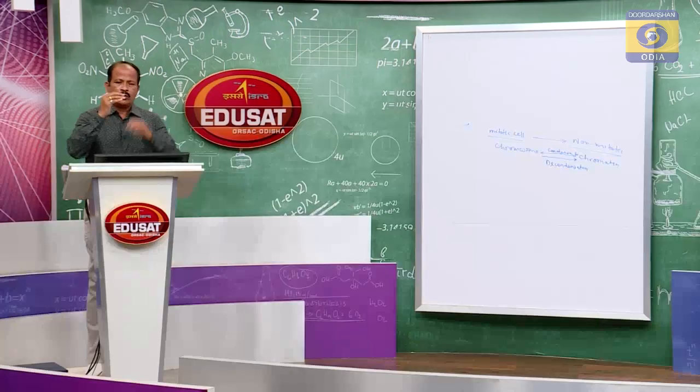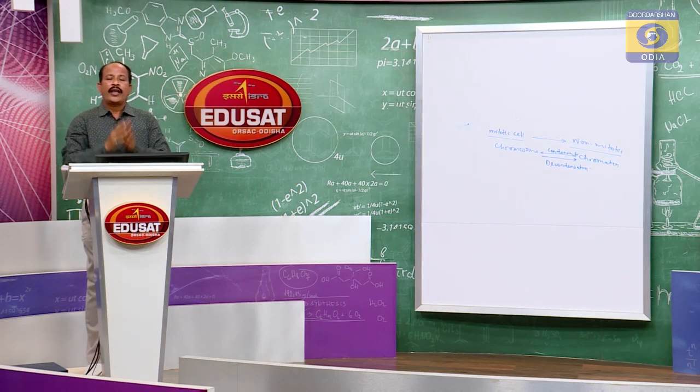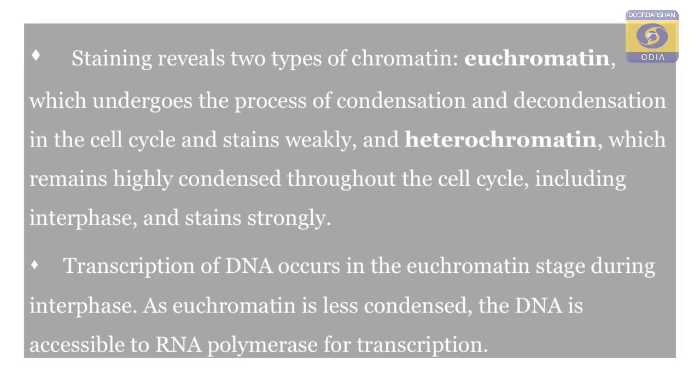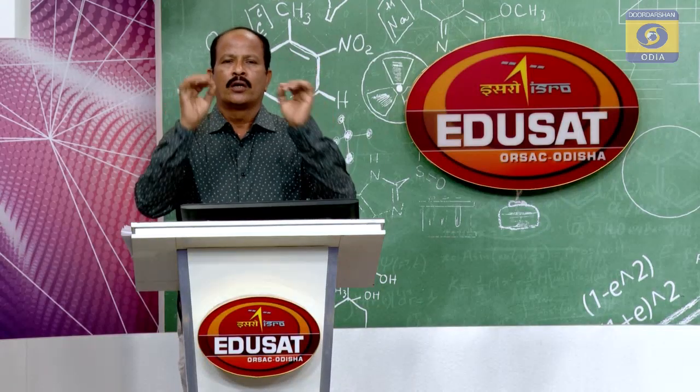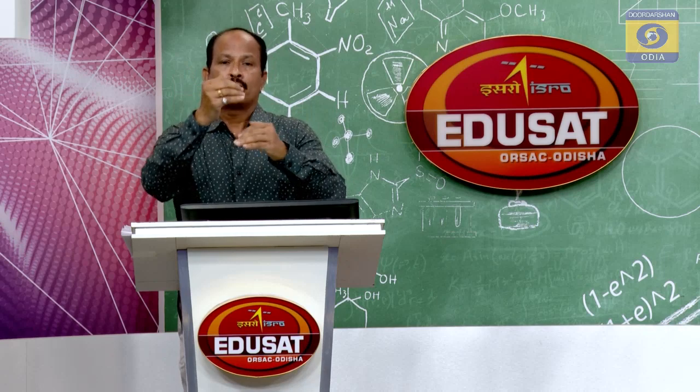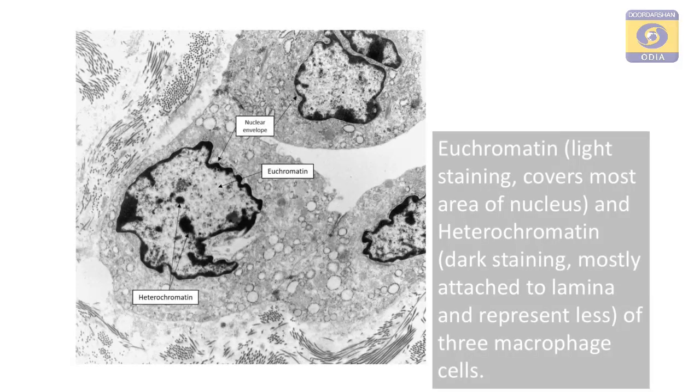This chromatin exists in two forms, euchromatin and heterochromatin. Euchromatin is light staining chromatin, and it is accessible to DNA polymerase and RNA polymerase for gene expression. Euchromatin makes up around 90% of the chromatin in the cell, but very rarely, around 10% exists as heterochromatin, differentially thick, differentially staining chromatin.